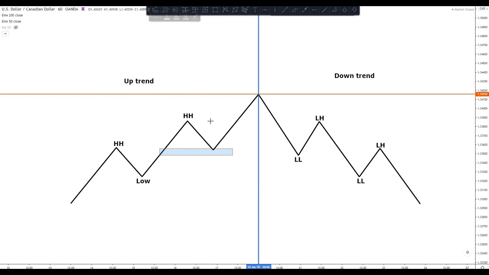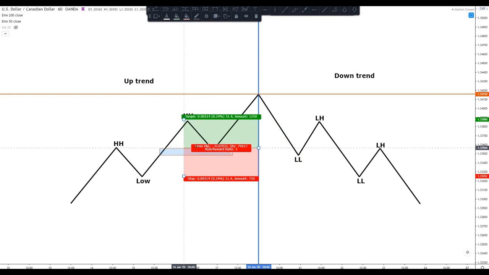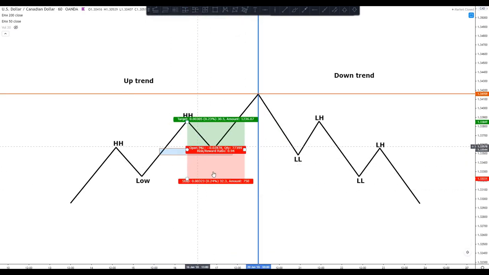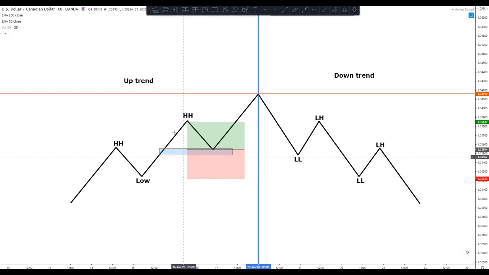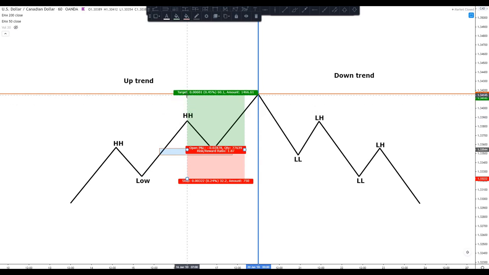So our stop loss, buying here, represented by this red area, is going to go below this low, as you can see, and our target is going to go towards this line up here.